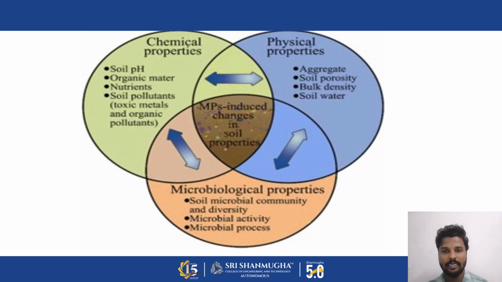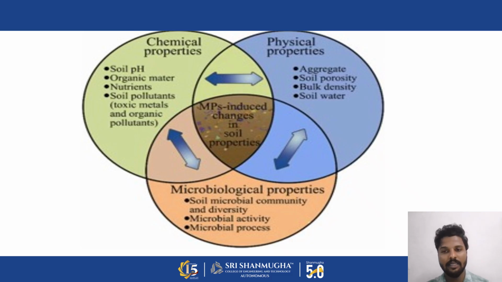That image is a Venn diagram illustrating the interconnectedness of the soil properties and how they are affected by external factors, specifically mentioning MP-induced changes in the soil properties at the center.